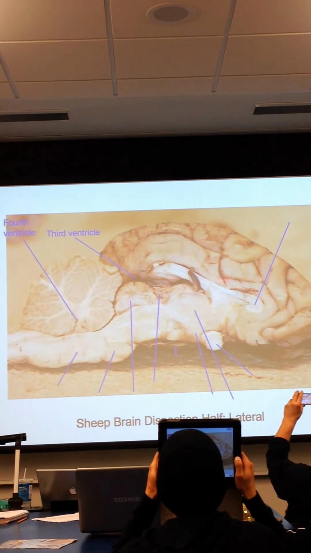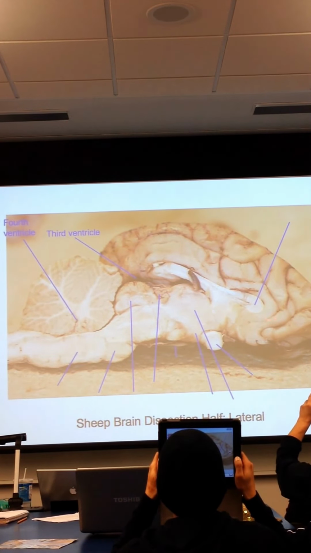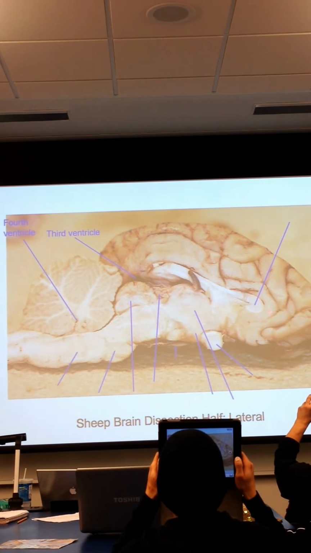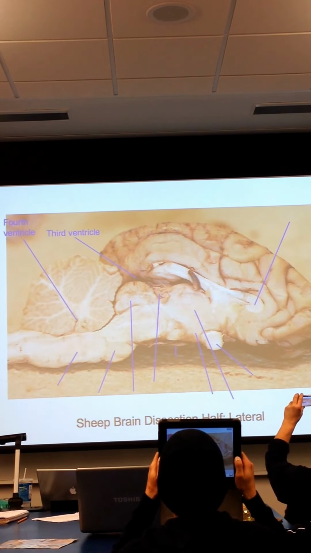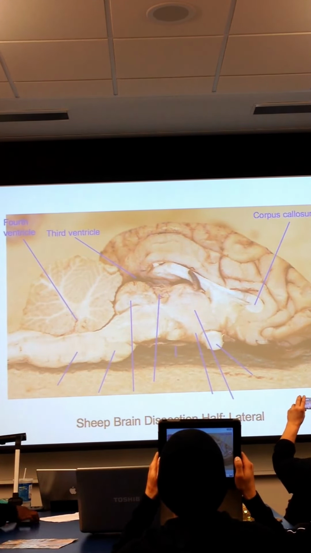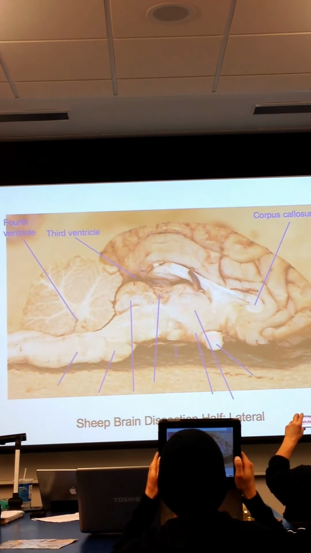Then we come over to this. It's two words. Corpus callosum. Corpus callosum, big body. And what is this right here? The third eye.